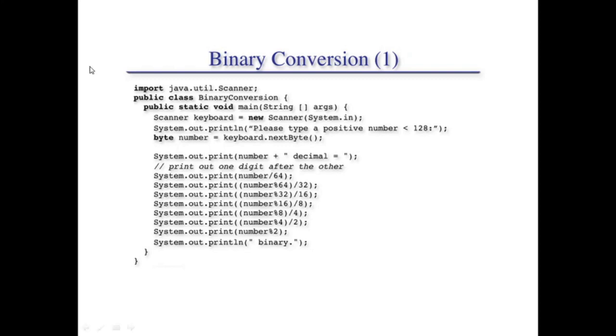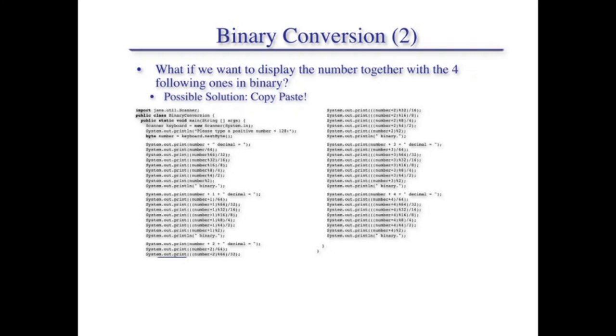We will first divide the number by 64. Then we'll find the remainder of the number divided by 64, and then we will divide that by 32. We are not using any function over here. We are just repeating the same statements that we perform in order to get the binary output of a decimal number.